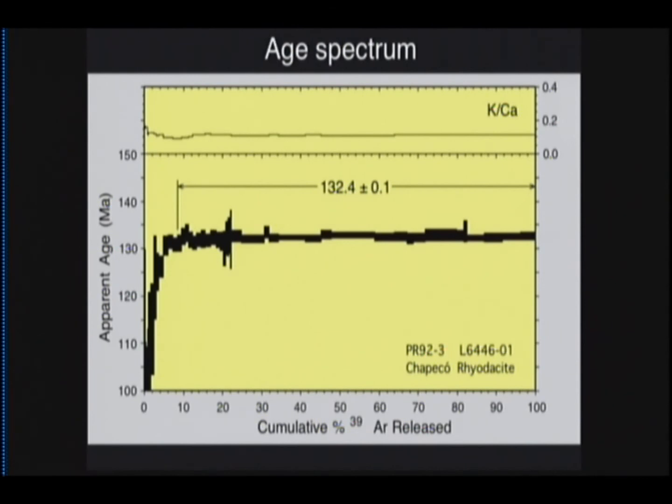Now, one important subtlety, which I think many practitioners don't even appreciate, is that if you take all of the ages, and the ages include the uncertainty that comes from the J value, because the J value has some uncertainty, which you have to propagate into the age.